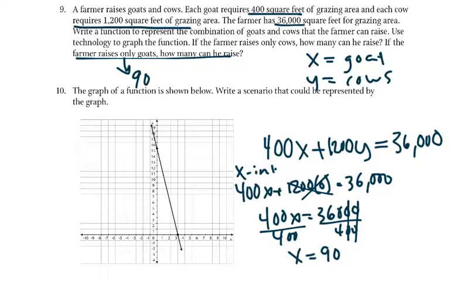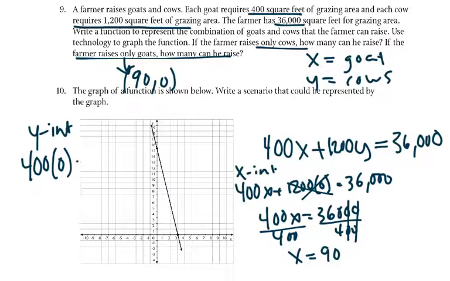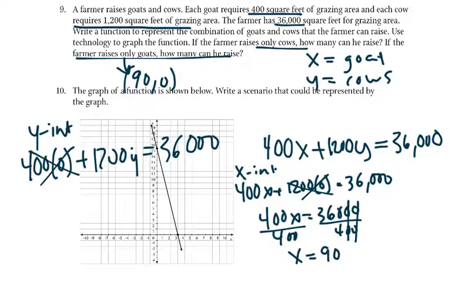Okay, how about only cows? So for only cows, that's like the Y-intercept. So I'd go x this time is 0, right? Because the point would be 90, 0 for goats, plus 1200y equals 36,000. That's 0, so we basically just divide by the cow's space. 2 zeros cancel. 360 divided by 12 should be 30.